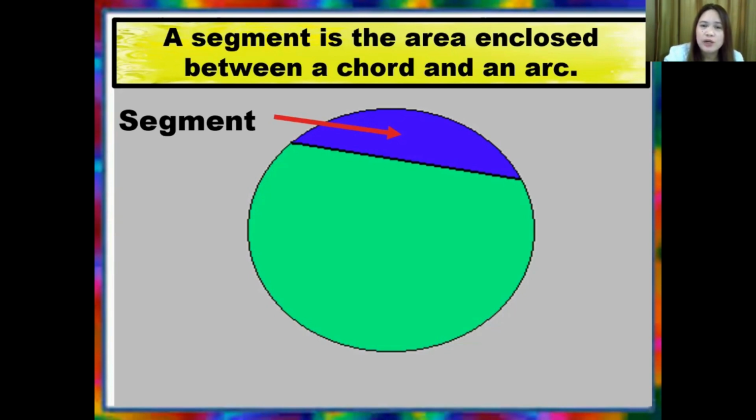This time, if you have a chord and an arc, the blue area in the circle here is what we call a segment. Again, it is the area enclosed between a chord and an arc. An area enclosed between two radii and an arc is what we call a sector. So that's the difference.